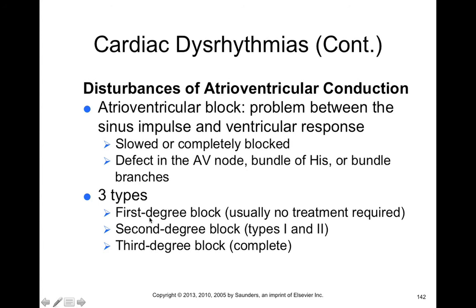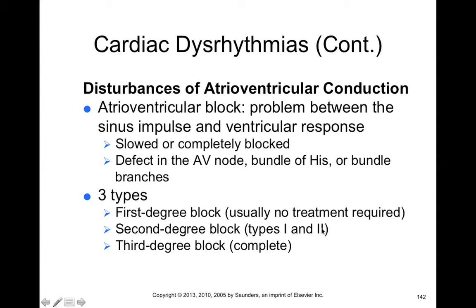A first degree block is characterized as just a delay between the P wave and a QRS wave. So what we'll find with the first degree block is you have a longer PQ interval. And this is different from a second degree block, because with second degree blocks, you might have a problem of conduction between the atria and ventricles, where you can have a P wave that's not conducted, and so you find at least one non-conducted P wave, where you have a P wave not followed by a QRS wave.